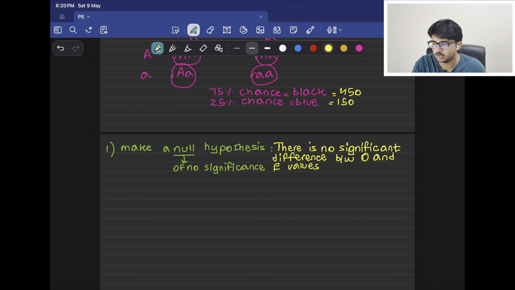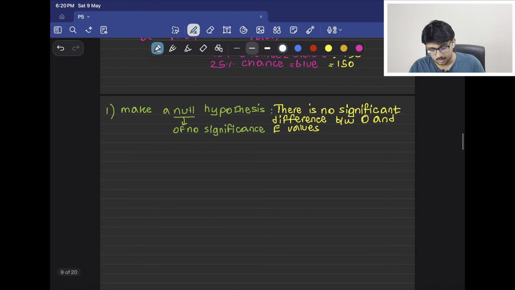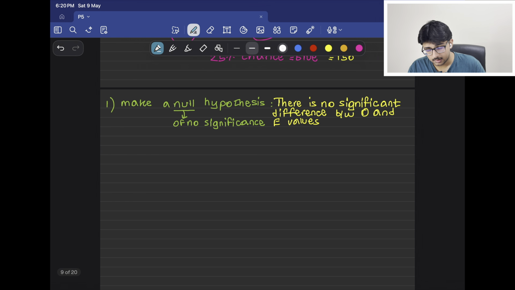Now note I have written the observed values as O and the expected values as E. So that shouldn't really be a problem. So there is no significant difference between observed and expected values. Now you've already made a null hypothesis. Step number two, calculate the chi-squared value.